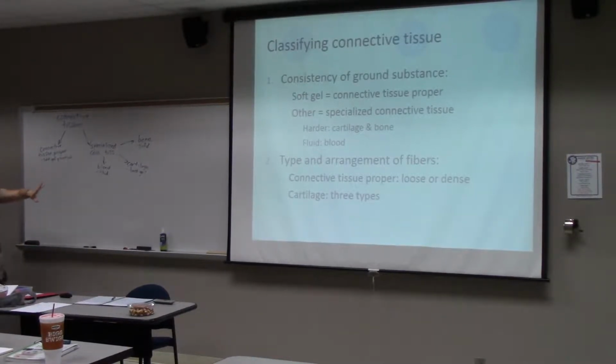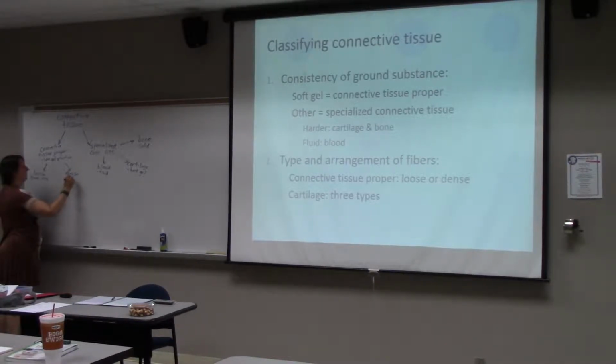Then within each group, after we've looked at the ground substance, then we look at the fibers. For proper CT, we have loose and dense.